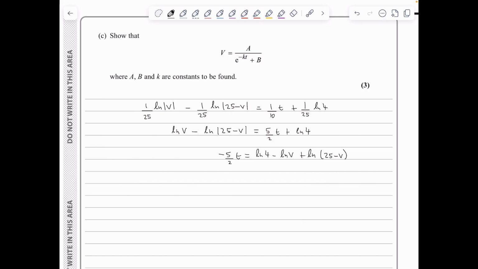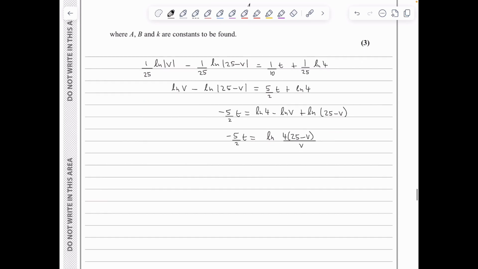Now I can combine the right hand side into a single logarithm. The addition here will mean that I'm multiplying 4 with 25 minus v, and the subtraction here means I'm dividing by v. So all in all, we are left with minus 5/2 t being equal to a ln of 4 times 25 minus v, and all of it divided by v.